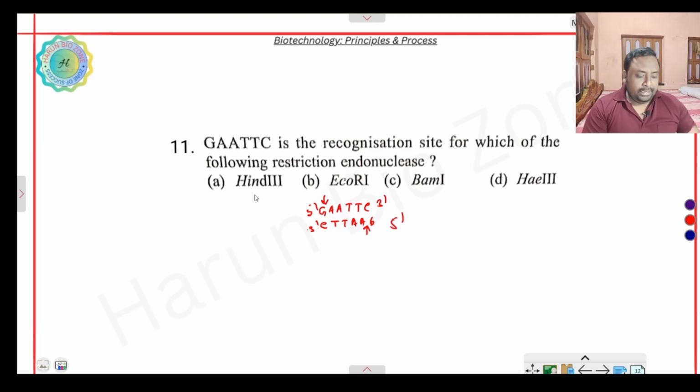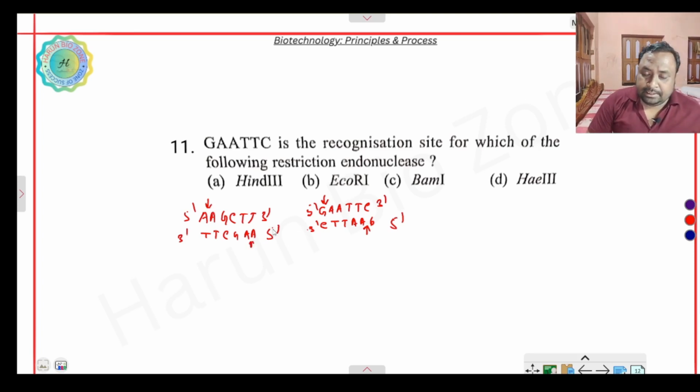In the case of HindIII, the recognition sequence is AAGCTT 5' to 3' and TTCGAA 3' to 5'. Here the cutting site is between A and A. So in both cases a sticky end is developed.